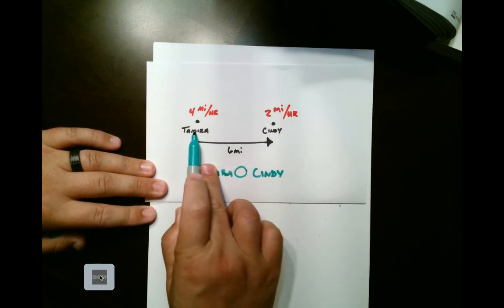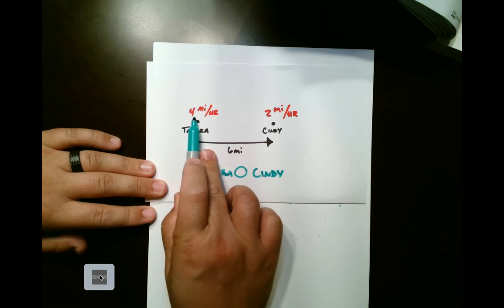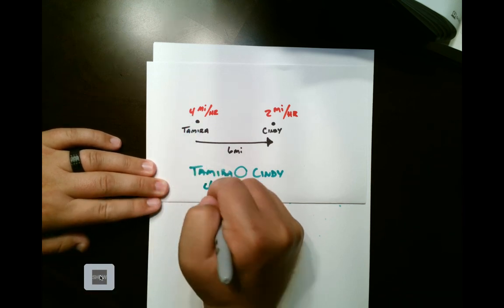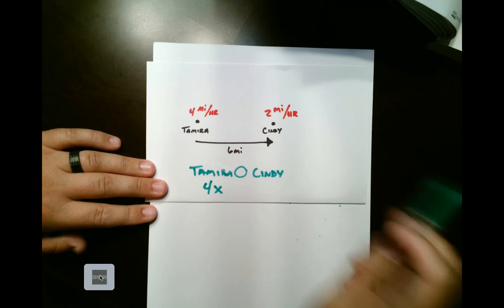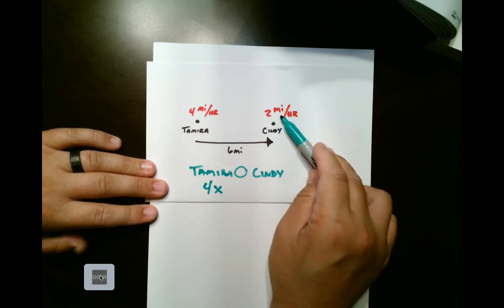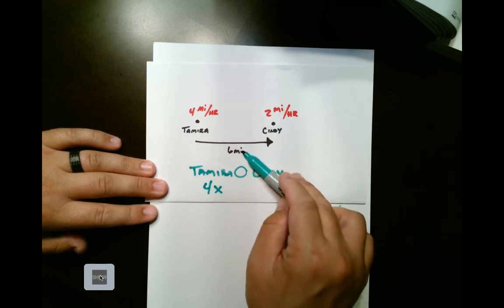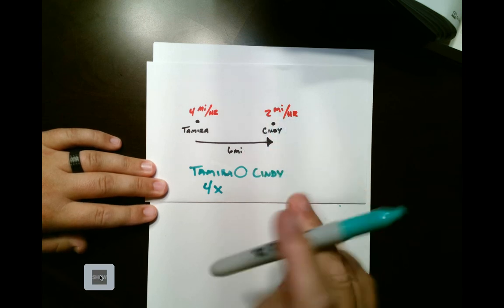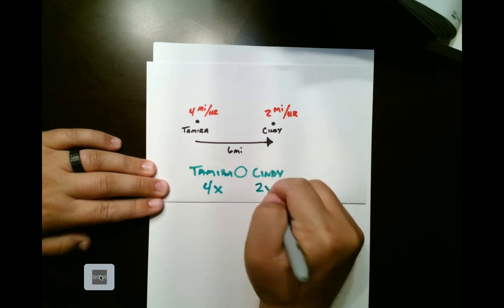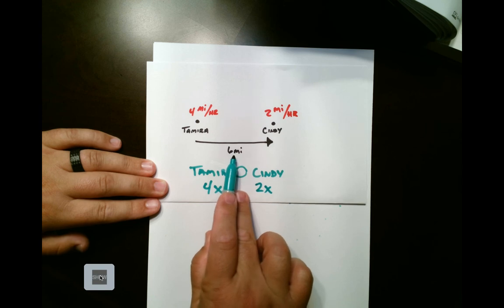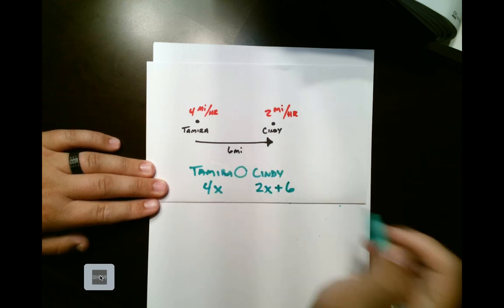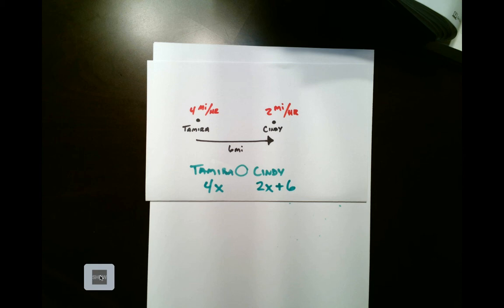For Tamara, the only piece of information they're giving us is that she is going 4 miles per hour, so I'm just going to say that that's 4x. Cindy, they're telling me she's going 2 miles per hour and that she's already 6 miles ahead of Tamara. So if Cindy's going 2 miles per hour, I'll say 2x. But since she's already got a head start and she's already 6 miles ahead, I'm going to say 2x plus 6.